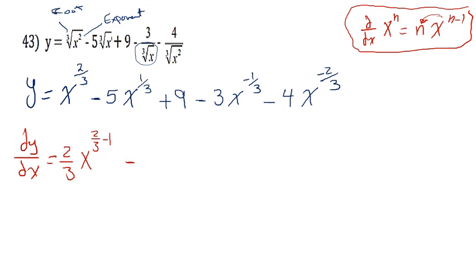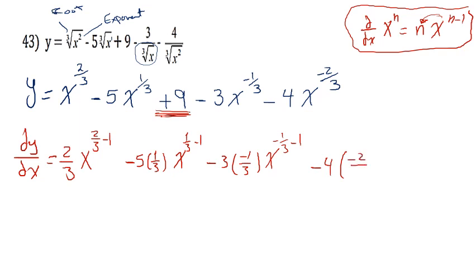And then negative 5 multiplied by the third power, x to the power of one third minus 1. Any constant, its derivative is 0. Minus 3, I put down the power, subtracting 1 from the power, so it's negative 1 over 3 minus 1. Minus 4, I put down the power, subtract 1 from the exponent, so negative 2 over 3 minus 1.